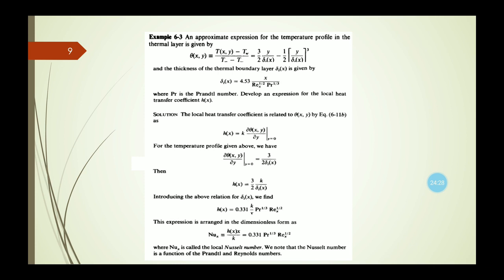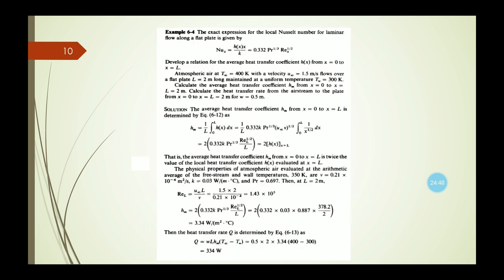All those different expressions for the Nusselt number, whether for local Nusselt number or average Nusselt number, we need to remember to solve different numericals of convection.